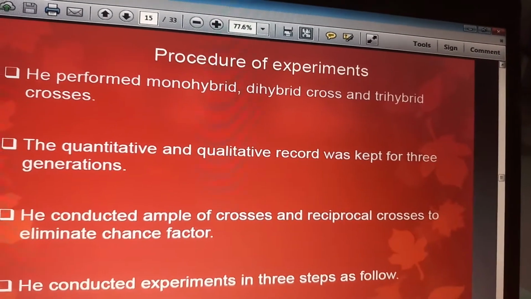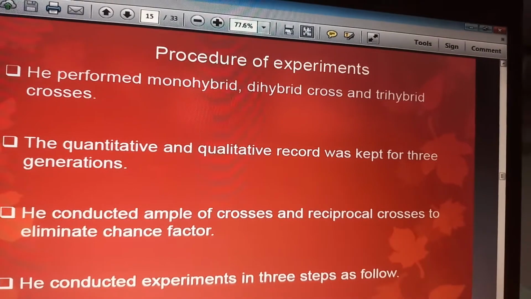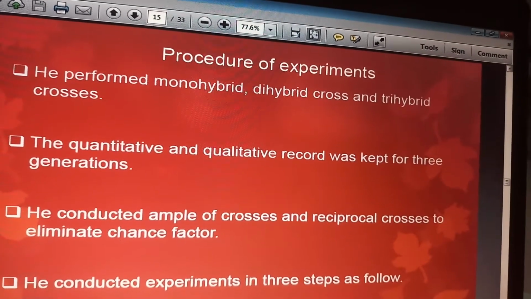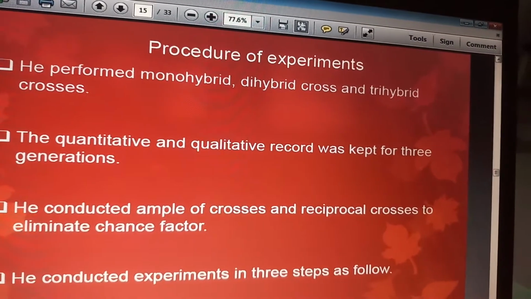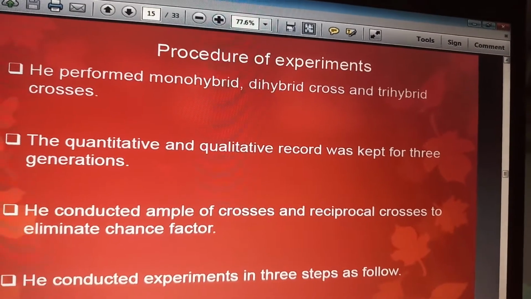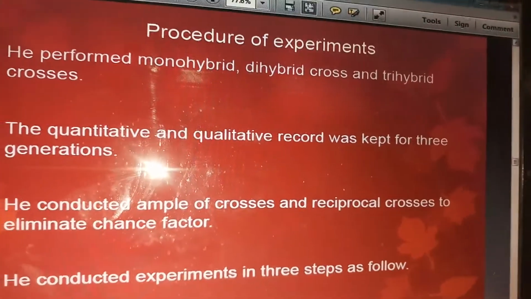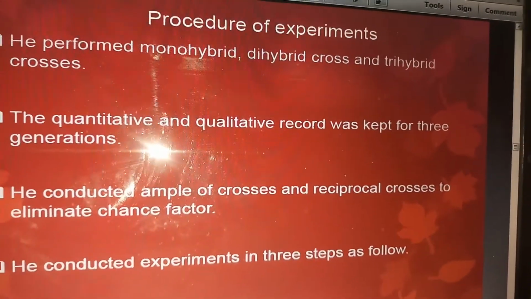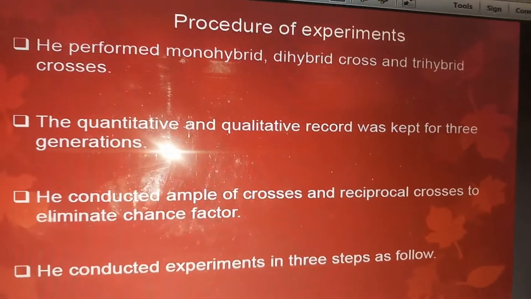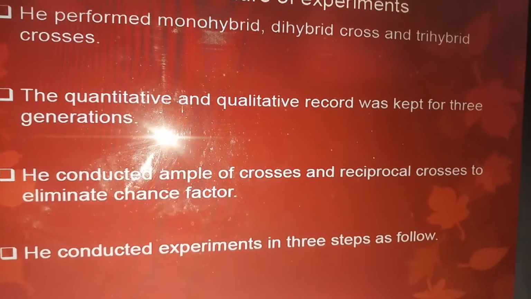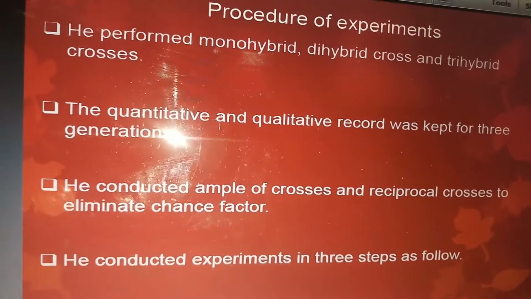Now, the procedure of the experiment. Mendel performed monohybrid, dihybrid and trihybrid crosses. The quantitative and qualitative record was kept for 3 generations. He conducted ample crosses and reciprocal crosses to eliminate chance factors, and he conducted the experiments in 3 steps as follows.